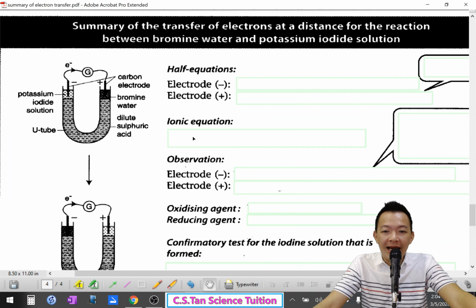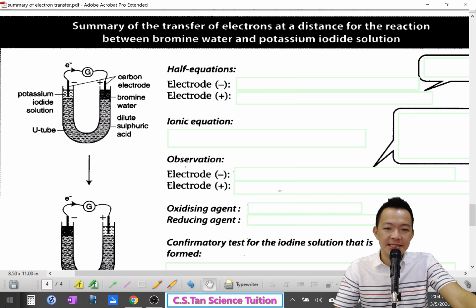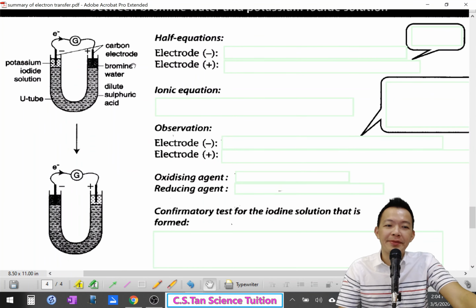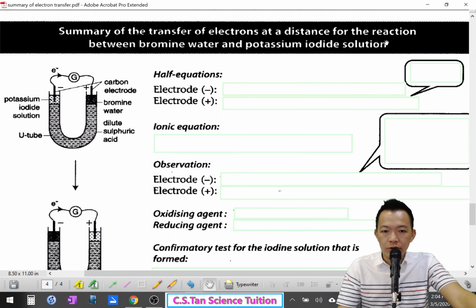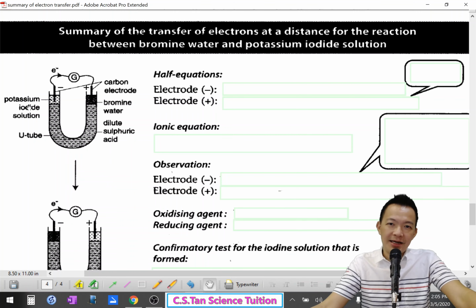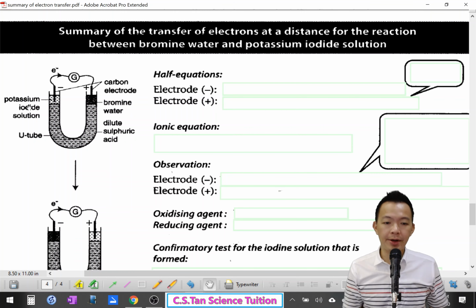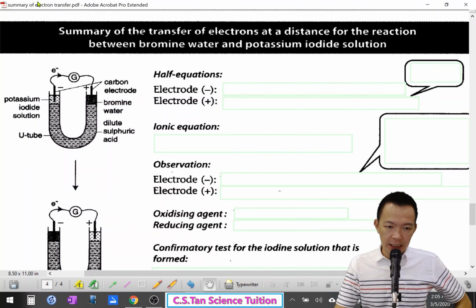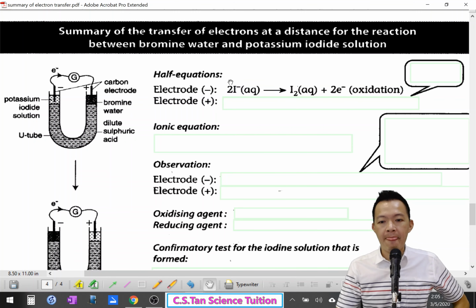Next, wow, last example, you know how happy? Potassium iodide can react together with bromine, so the transfer of electrons at the distance for the reaction between bromine water and potassium iodide. Okay, potassium iodide is a very good reducing agent. Because when it meets water, its electron goes missing, it is not strong enough, and its electron gets snatched away. Okay, so iodide loses electron to become iodine.